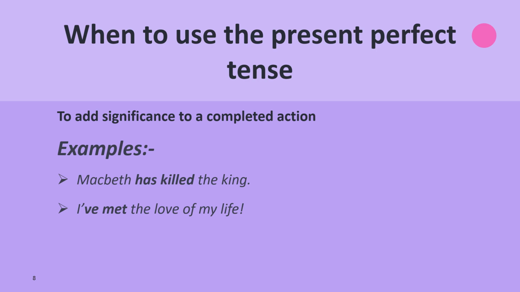For example, Macbeth has killed the king. It is a great achievement, he has killed the king. So here we use the present perfect tense. I have met the love of my life. See, it's a life experience. So again we will use the present perfect tense.